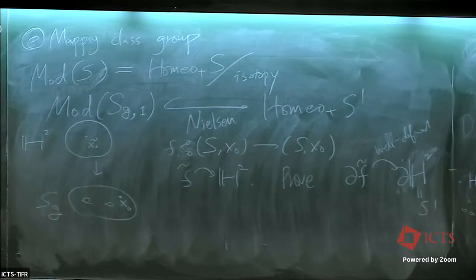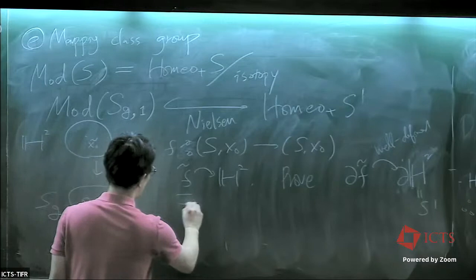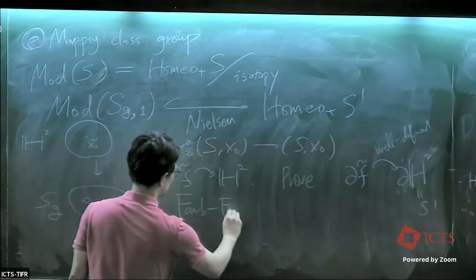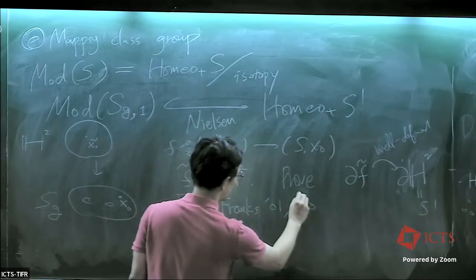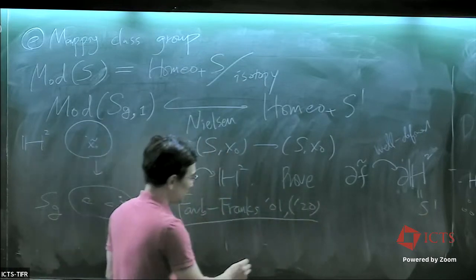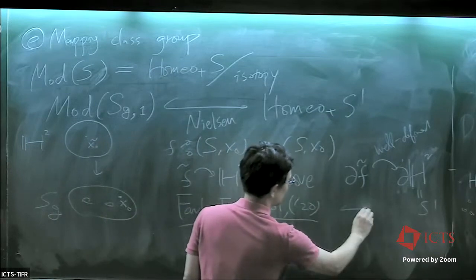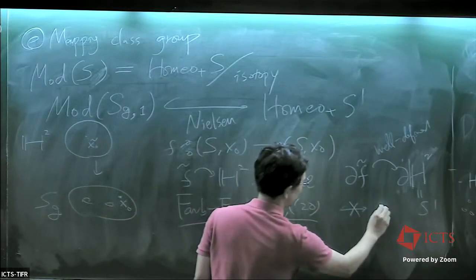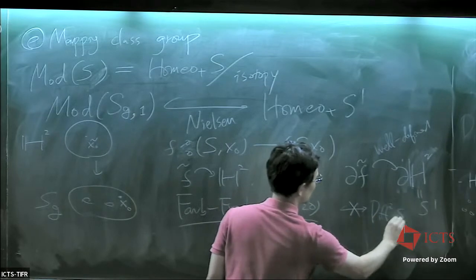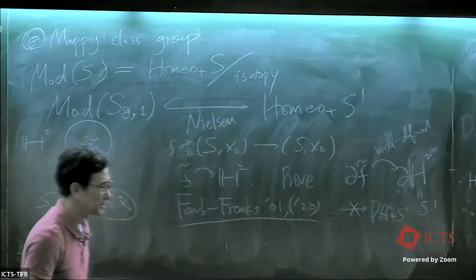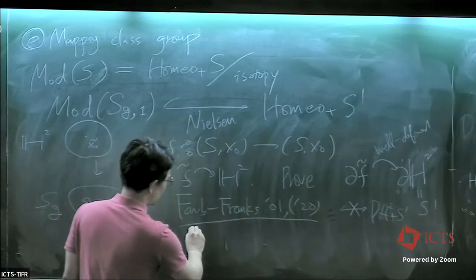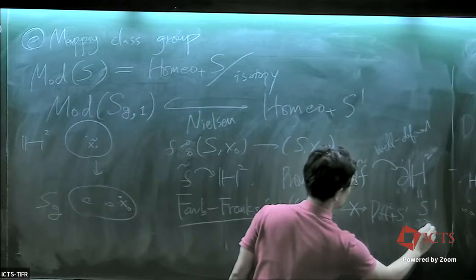And the whole group turned out to be not smoothable because there are too many torsion relations. So it's due to Farb and Franks, written in 2001 but published in 2020 in the Thurston Memorial, that the mapping class group cannot embed into Diff^2 of S^1 for genus at least 2.